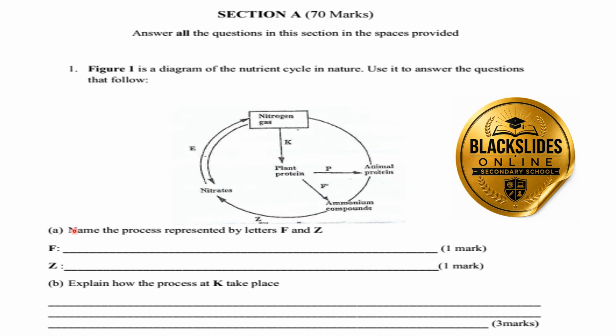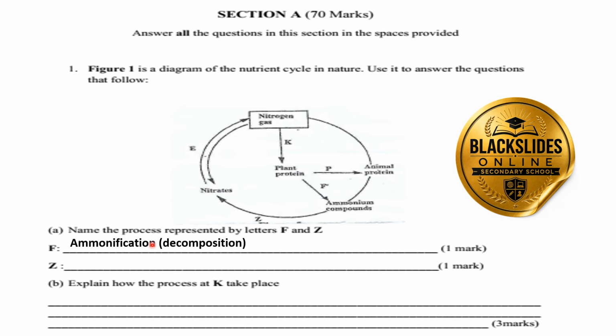Welcome, learners. So we are asked to use the diagram to name the process represented by letters F and Z. So process F, which is carried out by bacteria and fungus as decomposers, is what is called ammonification.